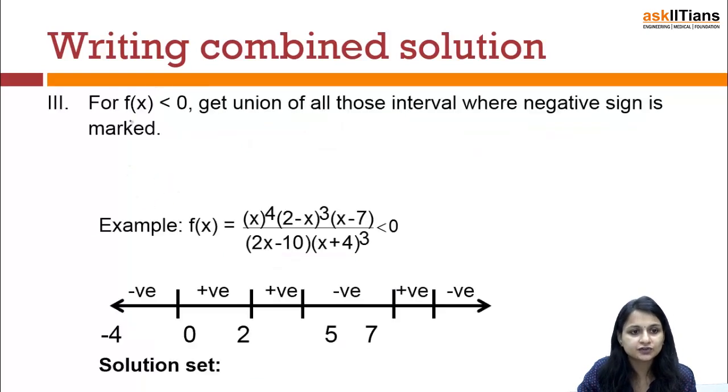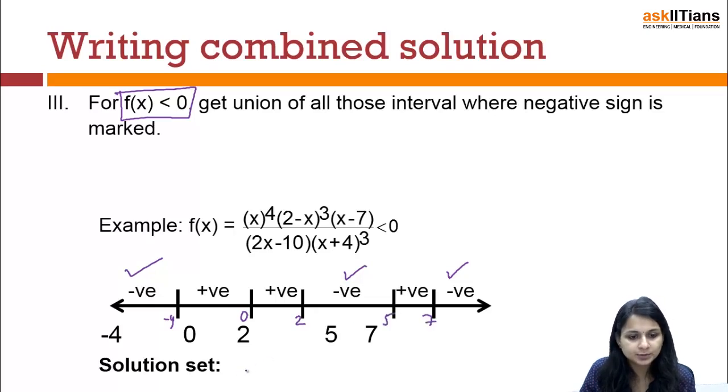Let's take the next case where f(x) is less than 0. So we don't have to include zeros and poles here. Very simple, just see wherein I am having negative. This is the region of negative, this is the negative and this is the negative. Negative regions would be, here I have minus 4, 0, 2, 5 and 7.